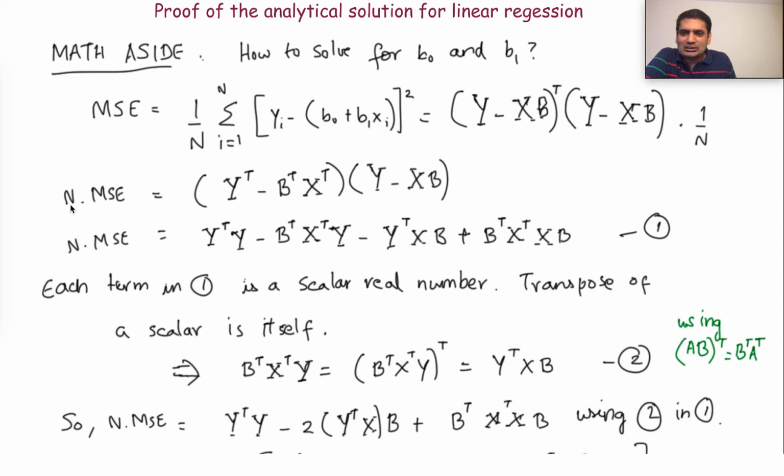So in any case, that's why we're bringing n to the side and saying let's minimize n times mean square error instead of the mean square error, so that the expression is simpler and we don't have to carry around this 1 over n. Okay, so I just brought these matrices down here, and I've already simplified a little bit. This y minus xb transpose, I brought the transpose inside, so it's y transpose minus xb whole transpose, and xb whole transpose is b transpose x transpose.